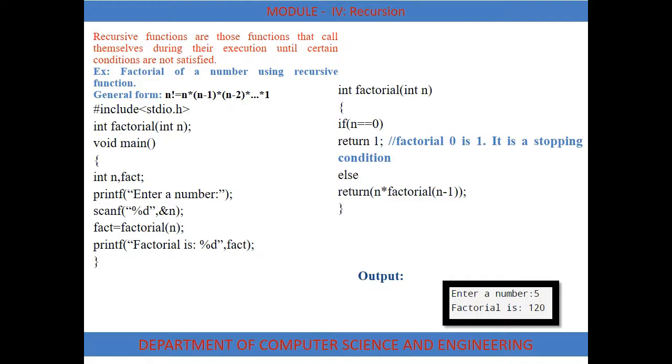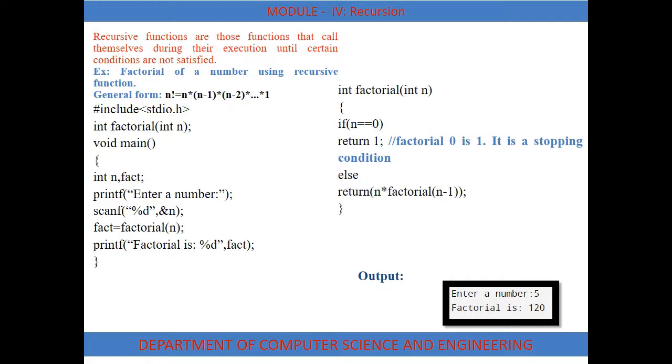Now again we need to replace factorial 1. Again check the condition. Is 1 equal to 0? No. So factorial 1 is replaced by 1 into factorial of 1 minus 1, that is the else part. So 1 into factorial of 1 minus 1 is 0, factorial of 0.